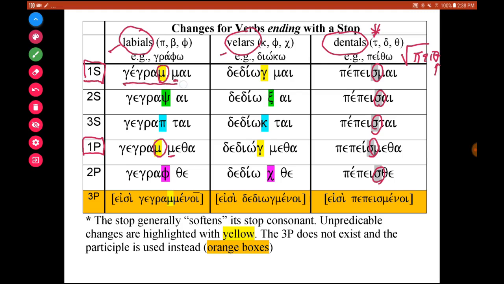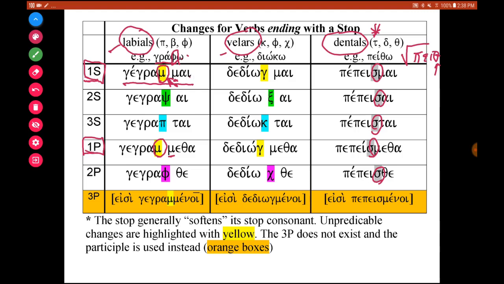So gegrammai is simply a way to soften. If they were to use the original stem, it'd be gegraphmai, and that's really a bit hard to say. So over time, the softer gegrammai became grammaticalized.